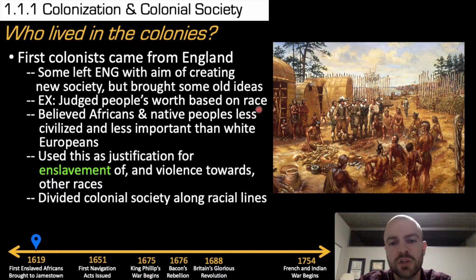And I guess this is a good time to stop and pause for a second to talk about the idea of race. Scientifically speaking, biologically speaking, there really is no such thing as race. We all belong to the same species. We are all Homo sapiens. So why do we have in our mind this idea of different races?